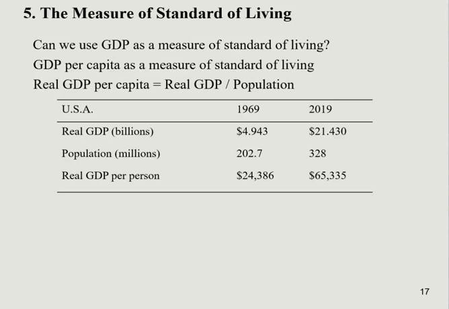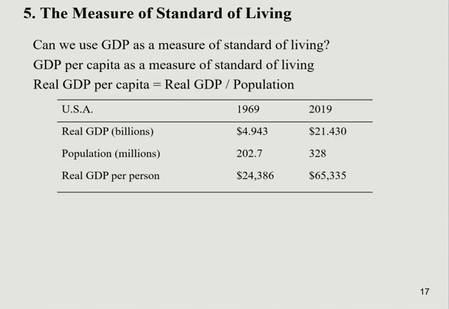So when we look at the GDP per capita, per person, we find that in 1969 that number is 24,386. In 2019, it's 65,335.